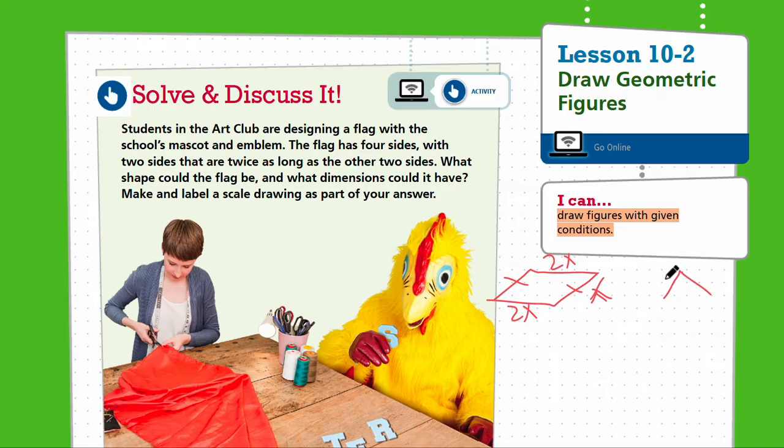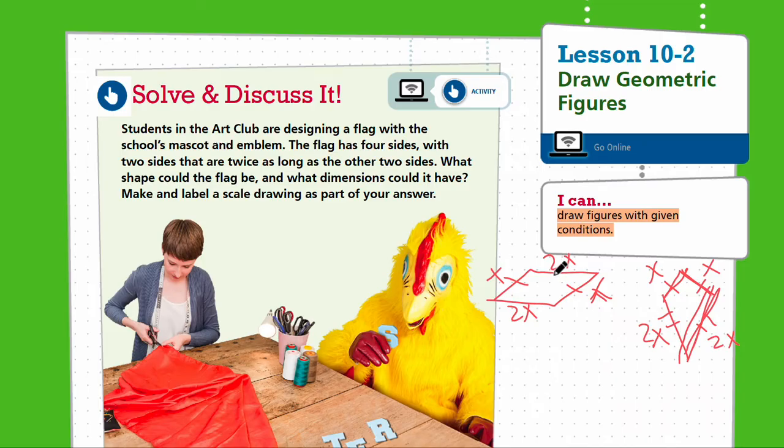Or we could have this type of 4-sided polygon where we have the longer lengths that are equal to each other, exactly 2 times as the shorter ones, right? So it could be in the shape of a kite or it could be in the shape of a parallelogram, as long as they have 2 sides that are equal to each other and the other 2 sides that are twice as long.